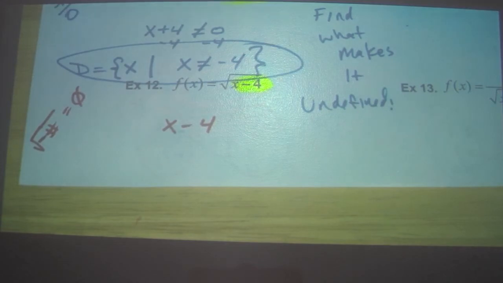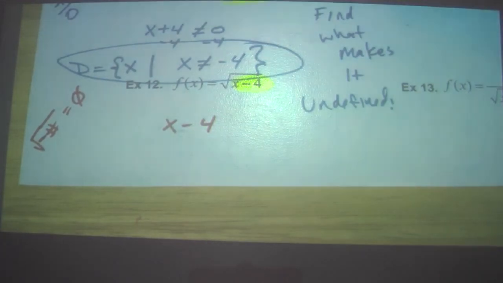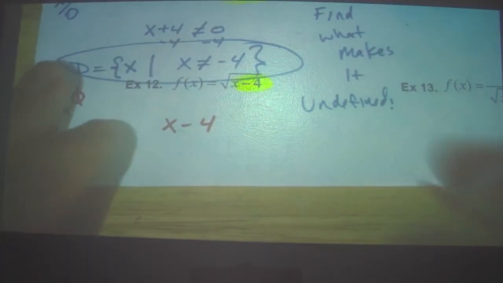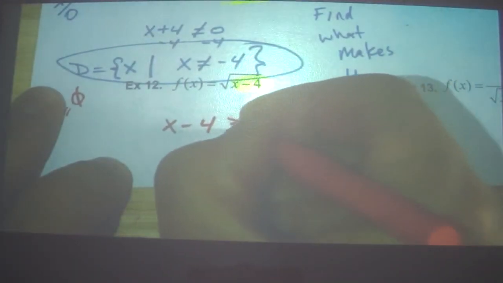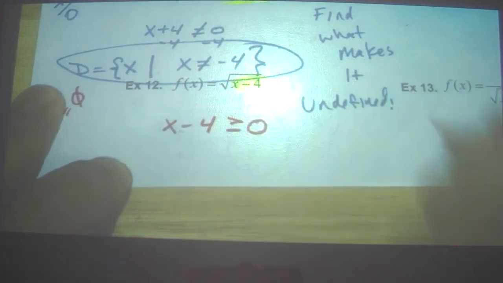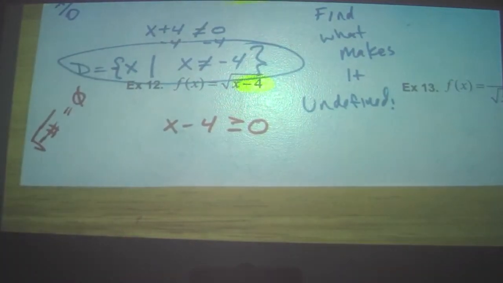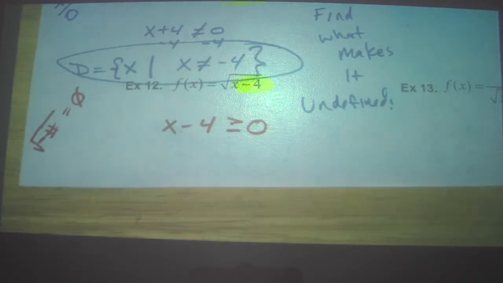So it can be equal to 0, and it can be... yeah. I don't know who said that. Was that Kaylee again? That was Jenna. Nice job, Jenna. So I got greater than or equal to 0.